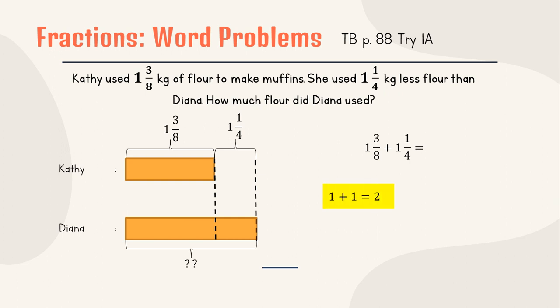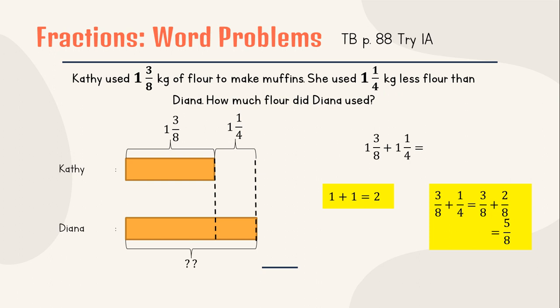So first, add the whole numbers. In addition, we're going to add the whole numbers first. 1 plus 1 equals 2, and then the fractions will be added there. 3/8 plus 1/4. I will not repeat myself that you need to make the denominators the same, because you have mastered this in grade 4, and here we only enhance your skill.